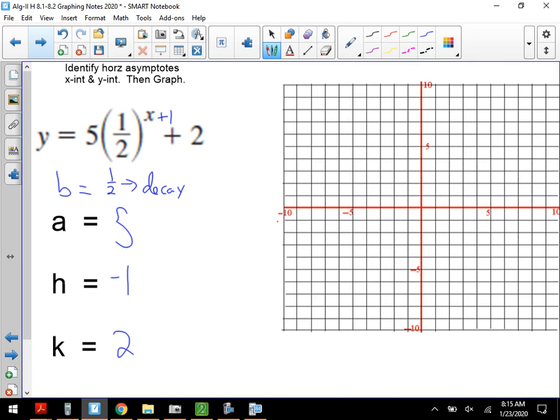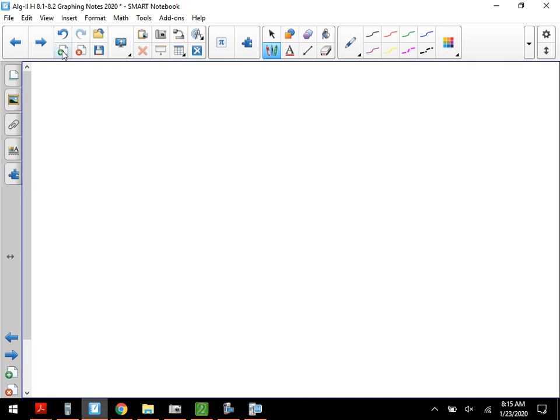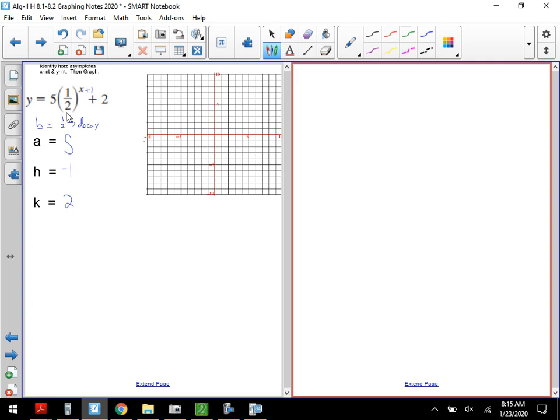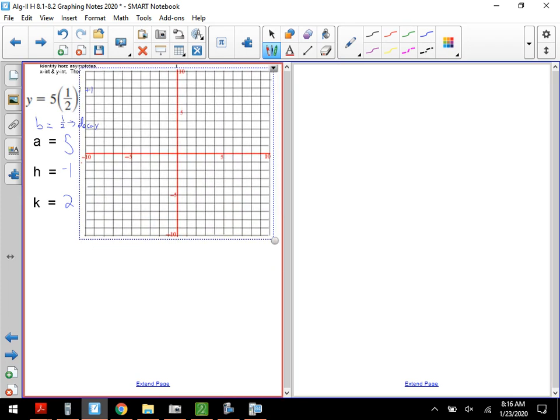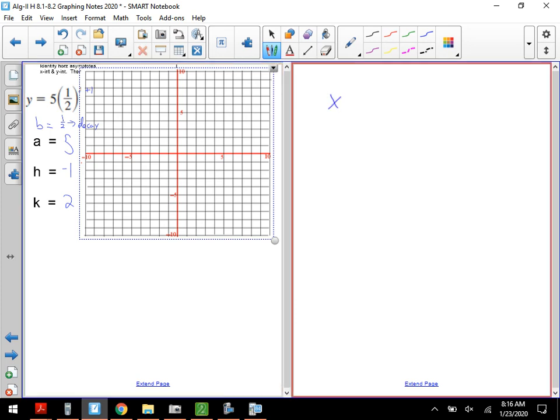So again, we pick out some ordered pairs, and I'll flip the screen here so we can do this. So we will have 5. All right. What's 1/2 to the -2? 4.